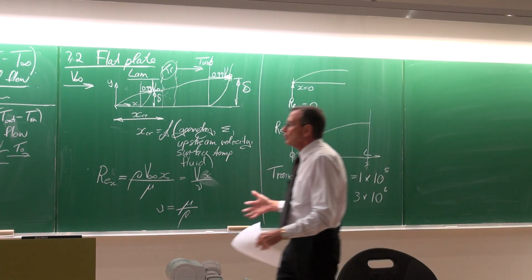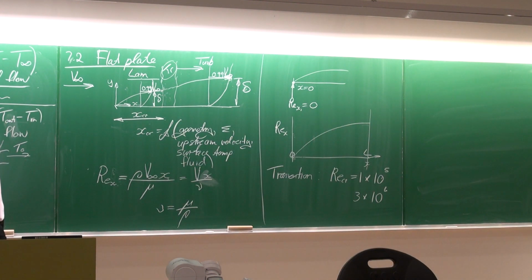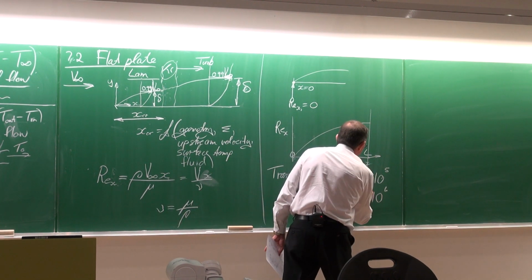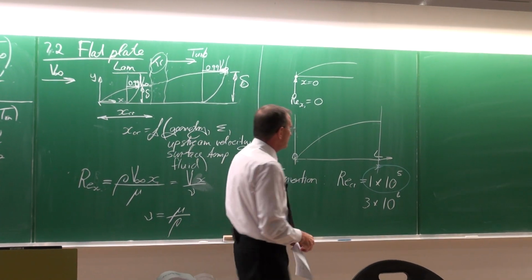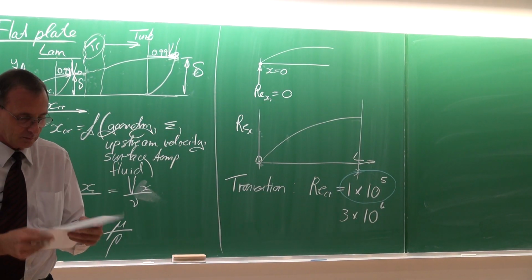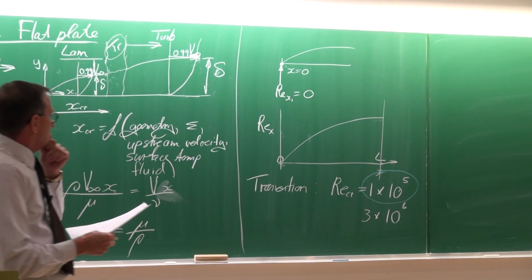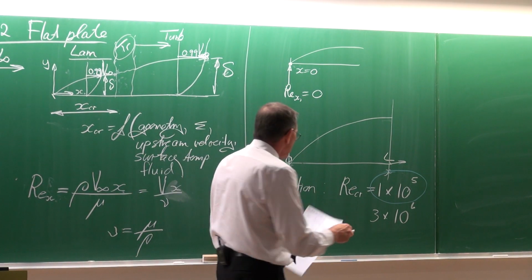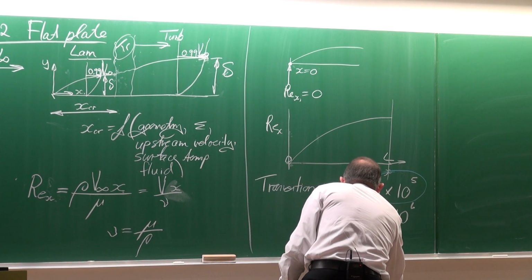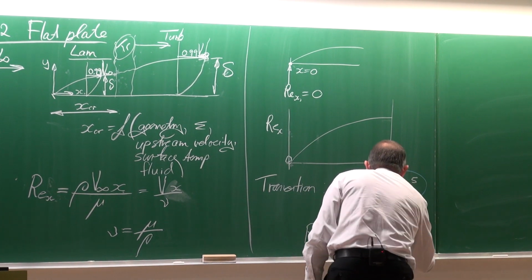Now, because we do not want to use two different values in this course, we are going to use this value of 100,000 to be consistent. The 2,300 is correct, but take note, it is for a tube.